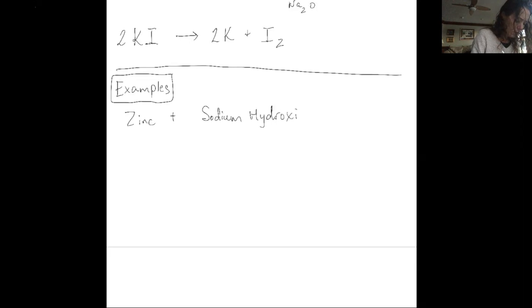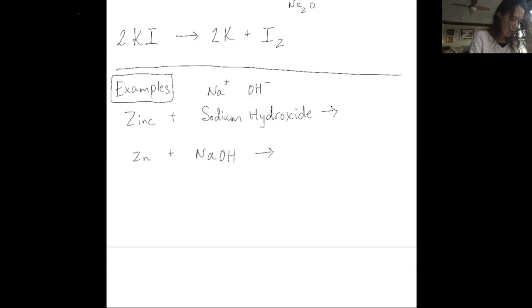So we've got zinc. It's by itself. Is it diatomic? No, leave it alone. And sodium hydroxide. Sodium is Na with a +1. Hydroxide is OH, the -1, it's NaOH.